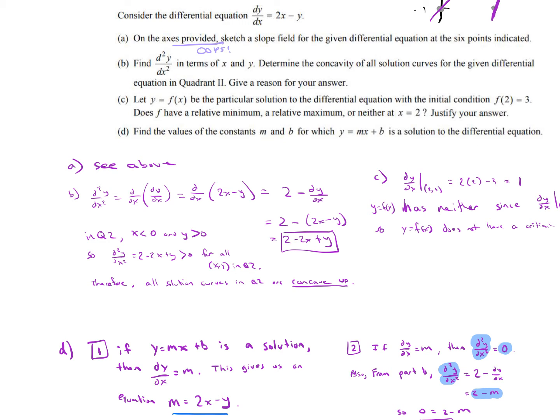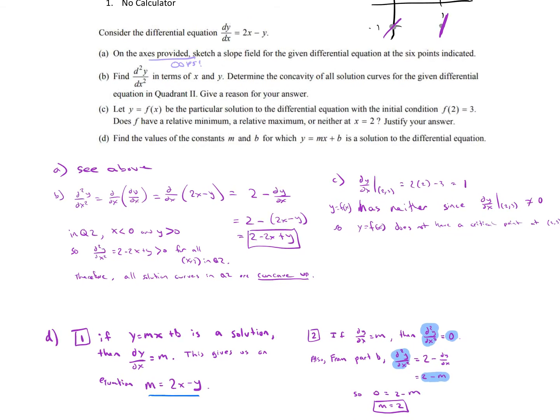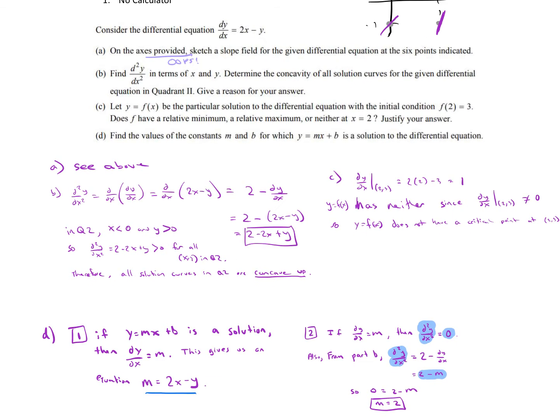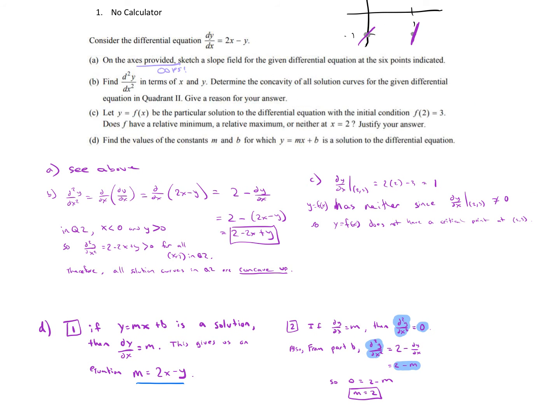And I can find the slope at that point (2, 3) by plugging in 2 and 3 to the differential equation. We get 1, and in order for there to be a relative maximum or minimum, we would have the slope to be 0, and it's not. So it's not a critical point, so it has neither a max or a min.